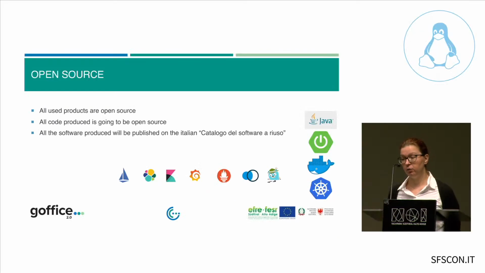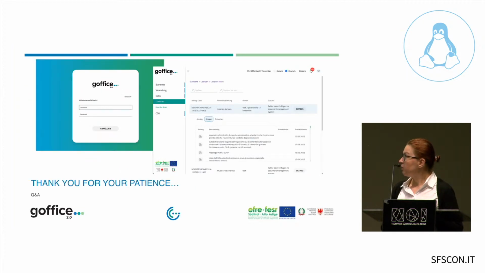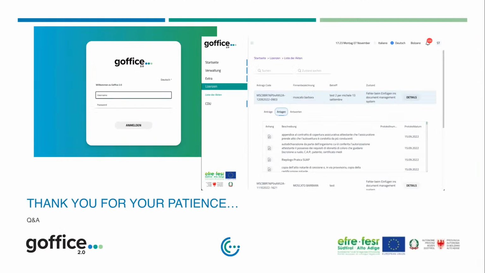We plan to publish the code in the next few months, and all the software produced will be published on the Italian Catalogo del Software a Riuso that was presented a few minutes ago by our colleague from Team per l'Italia Digitale. These are 2 screenshots of our product, the login mask and the license module. And if you have any questions, let me know.